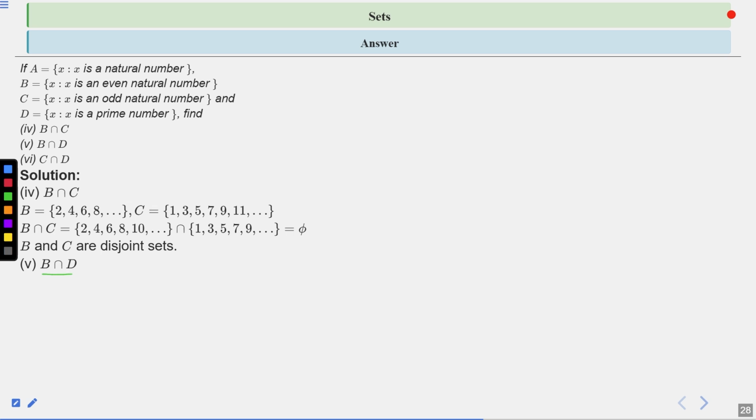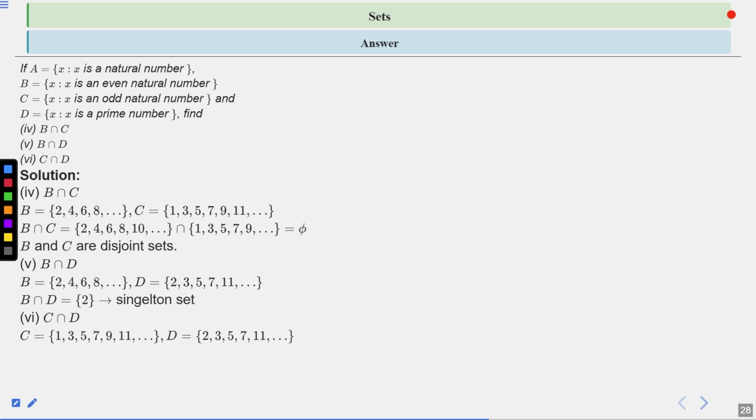Now B intersection D. B is the collection of all even natural numbers, and D is the collection of all prime numbers. So simple. The intersection will consist of only a single element, which is 2. So here B intersection D is a singleton set with element 2. Now C intersection D. C is the collection of all odd natural numbers and D is the collection of all prime numbers.